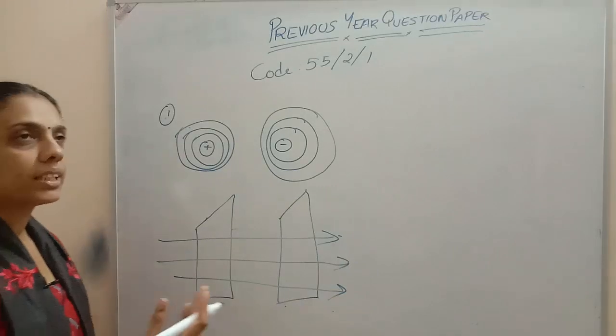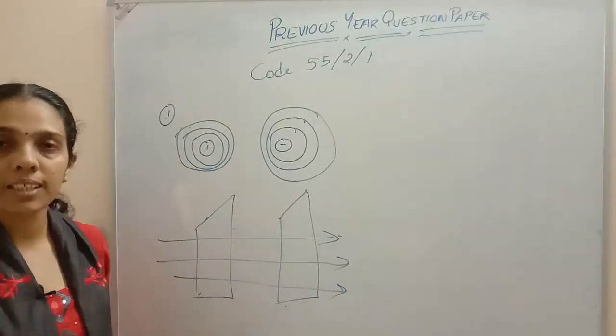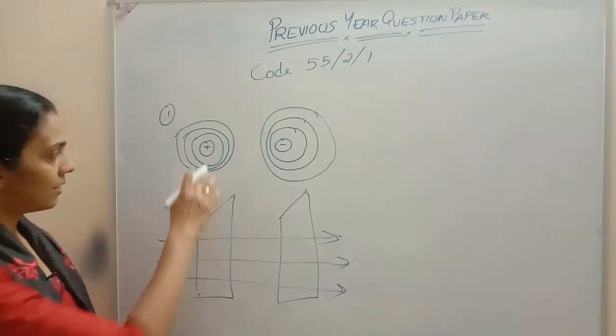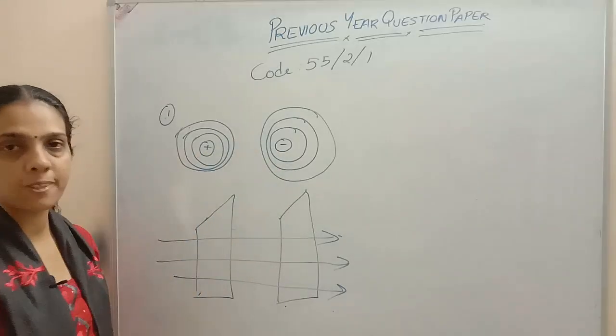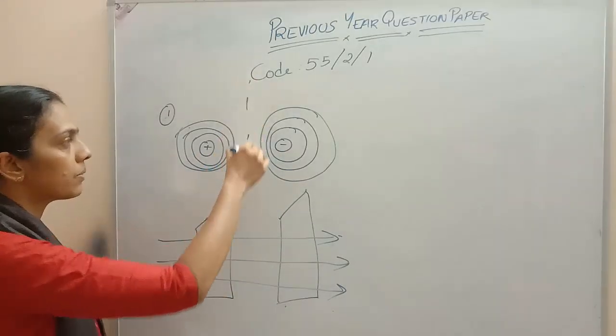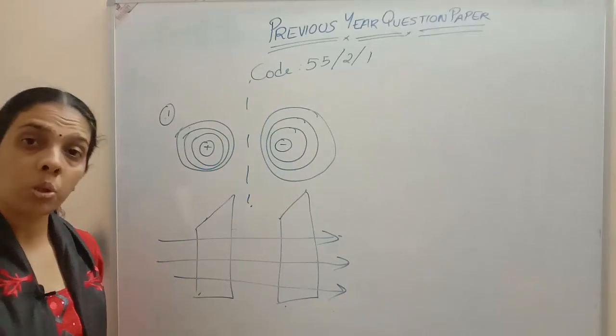And if it is one positive and one negative charge, how will we draw it? This is for an electric dipole, one positive and one negative. The potential at the center is equal to 0.